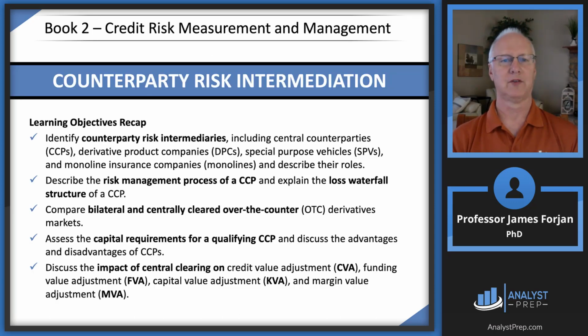And that takes us through this chapter. I think there's one really key part of this chapter, and that is not only the identification of these counterparty risk intermediaries, but knowing what their roles are and knowing exactly how these entities reduce risk and how they can help financial institutions in the big picture risk management process.